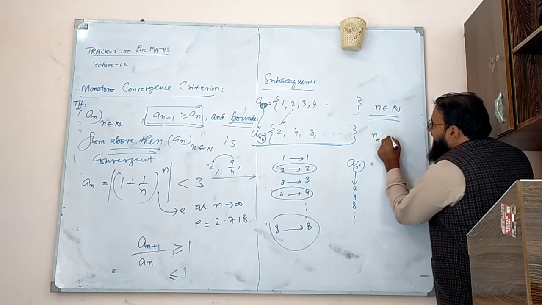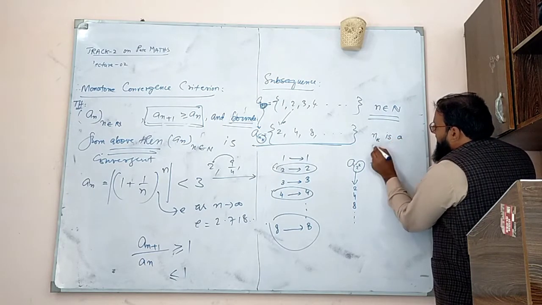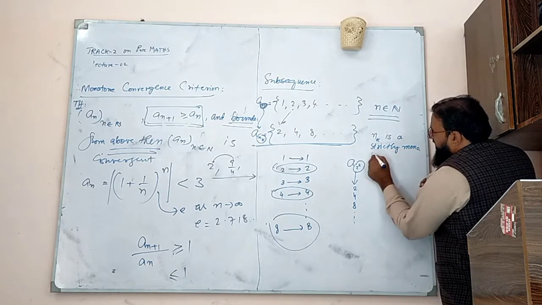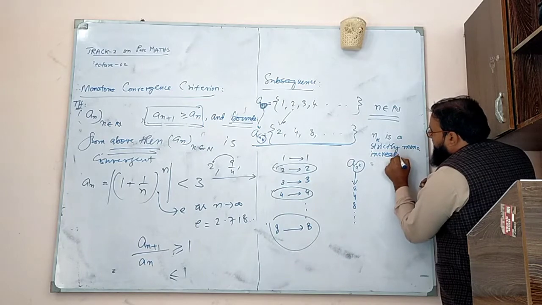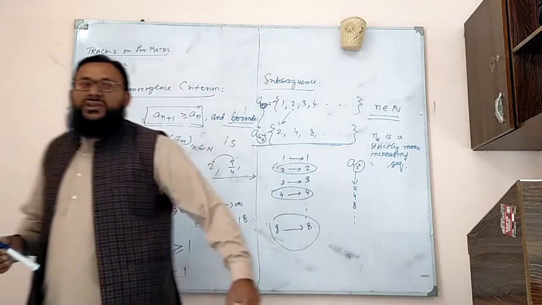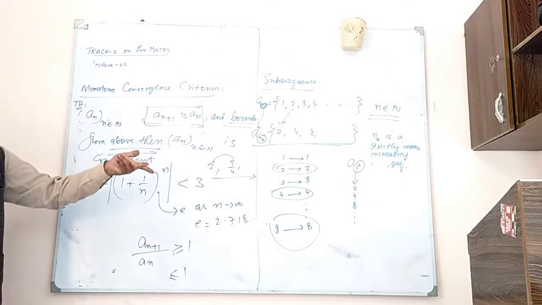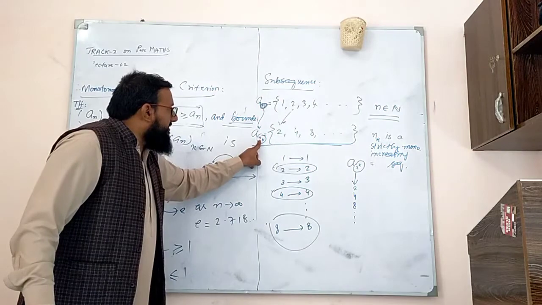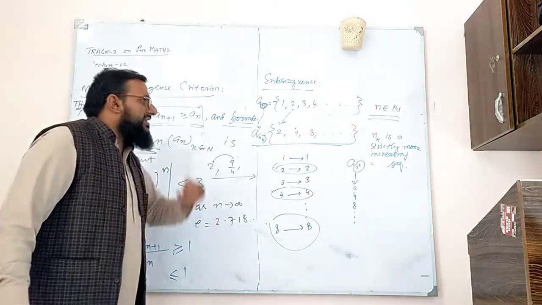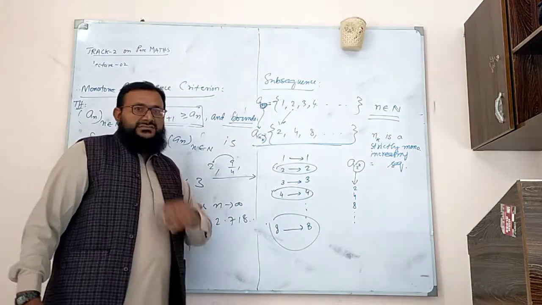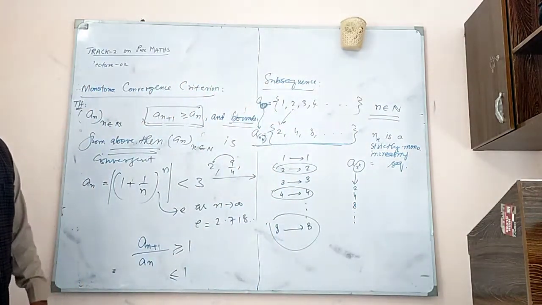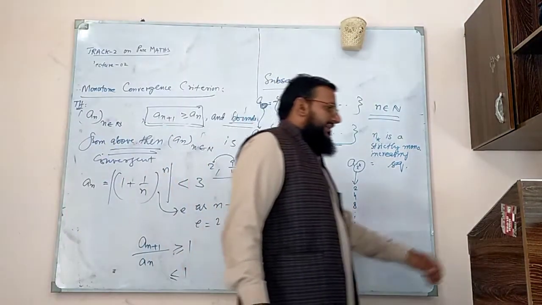Your n_k is a strictly monotone increasing sequence. Do you agree? So when you pick a subsequence from a sequence, the subscript you define is itself a sequence which is strictly monotonically increasing. Do you agree with this thing? So you can do this thing easily.